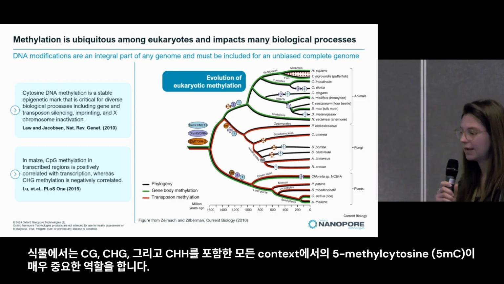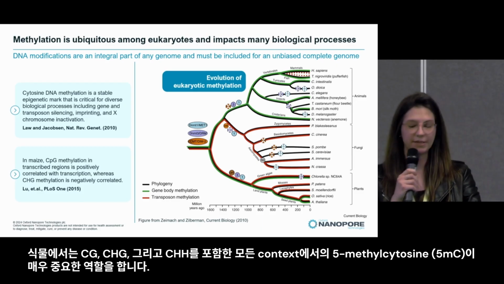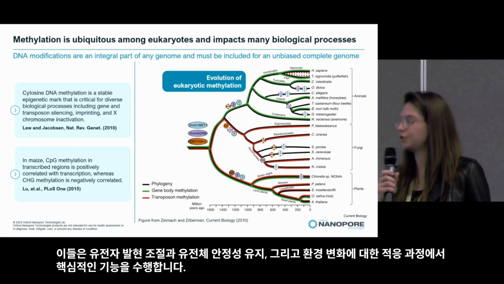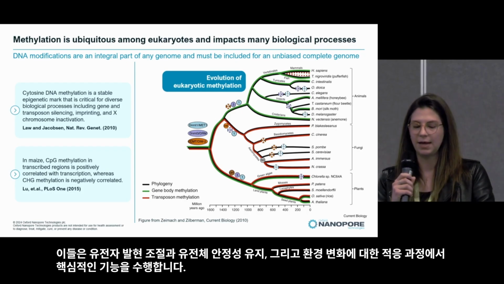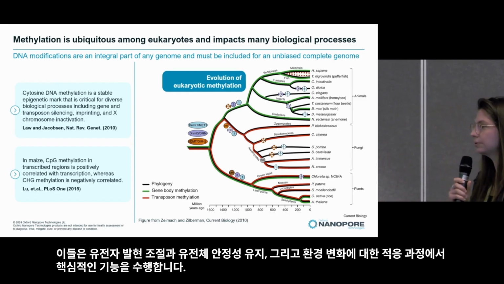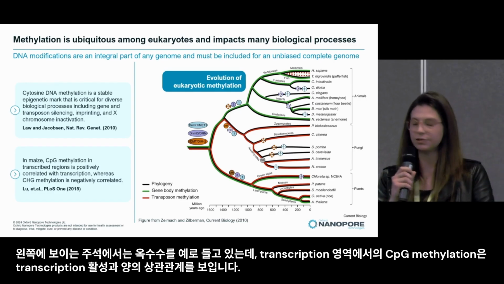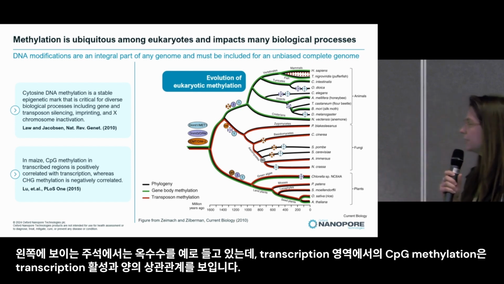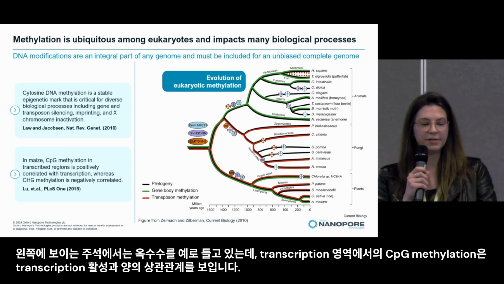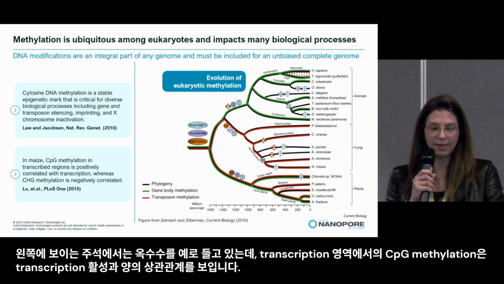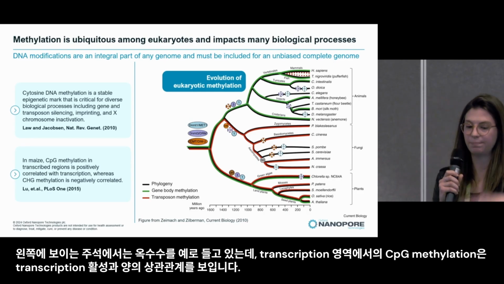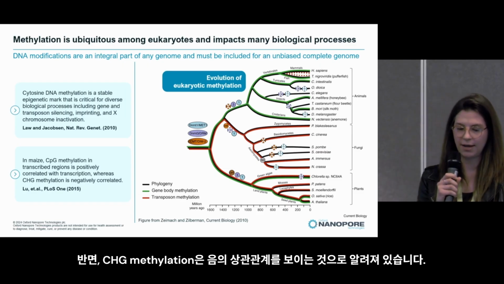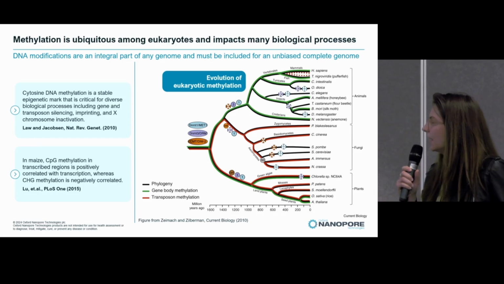5-mC in all contexts, so your CG, your CHG, and CHH contexts, play very crucial roles in regulating gene expression, genome stability, and adaptation to environmental cues in plant species. One of the notes on the left-hand side of the screen mentions maize in particular: the CpG methylation in transcribed regions is positively correlated with transcription, whereas CHG is negatively correlated.